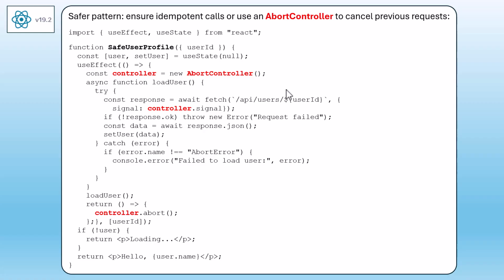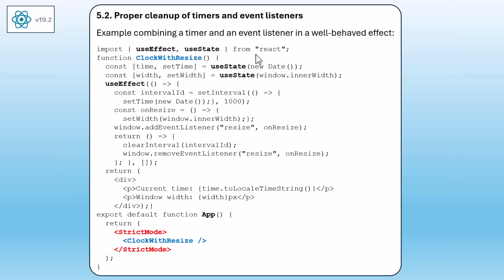If components are not designed carefully, for example, assuming they mount only once or failing to clean up effects, strict mode will expose underlying issues, which may require refactoring. When using strict mode, we must ensure that effects and references clean up properly. Events, subscriptions, listeners, timers, callback refs, everything must be torn down correctly to avoid leaks or unpredictable behavior.